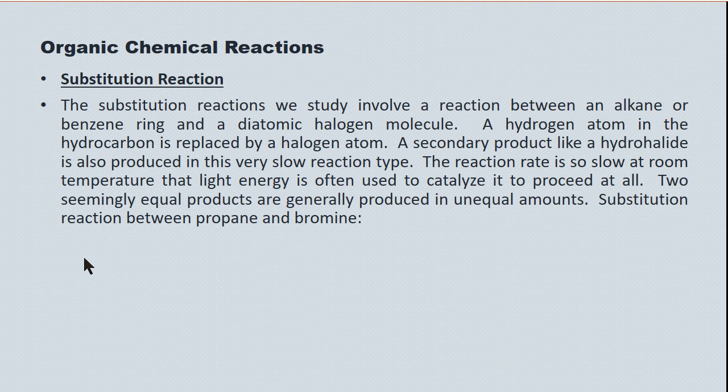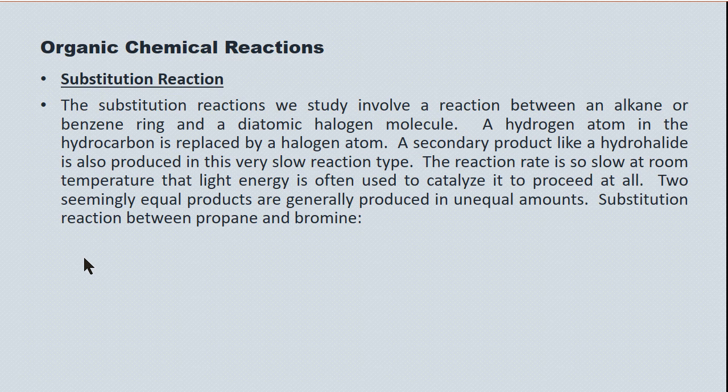The second reactant in this system is typically a small diatomic halogen molecule, such as F2 or Cl2. What happens is a hydrogen atom on the hydrocarbon is replaced by a halogen atom. A secondary product is always present. It's always the result of the hydrogen coming off the hydrocarbon, bonding to the second halogen atom.